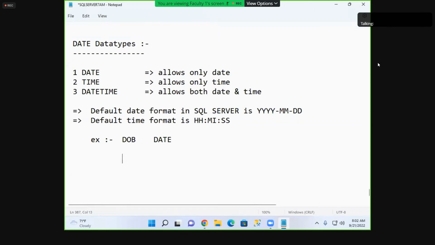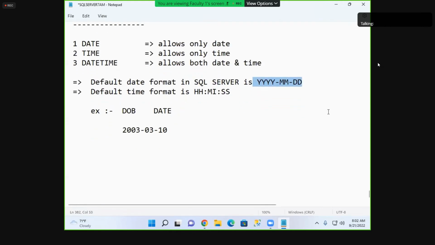Then how do we enter the date of birth? Say the person was born on March 10, 2003. You have to enter it in the format YYYY-MM-DD: 2003-03-10. So this is year, this is month, this is day.